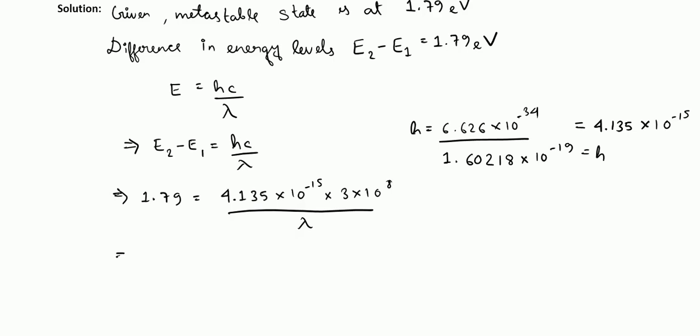So we have lambda equals 1242.18 divided by 1.79 electron volt.